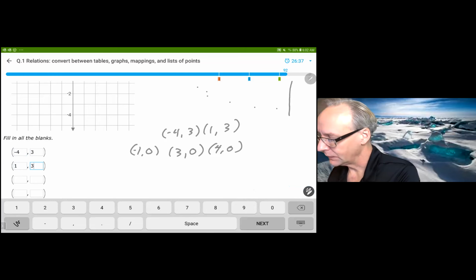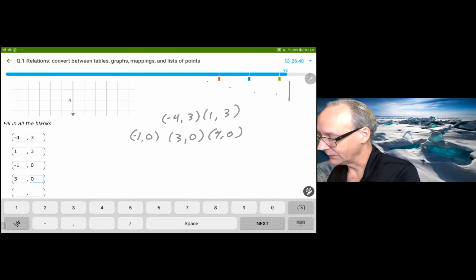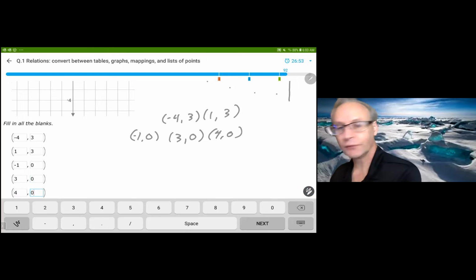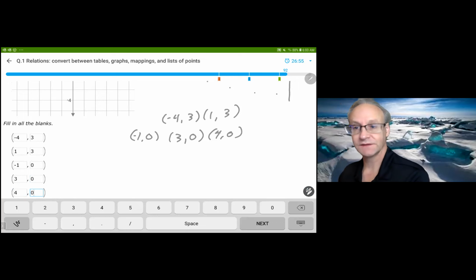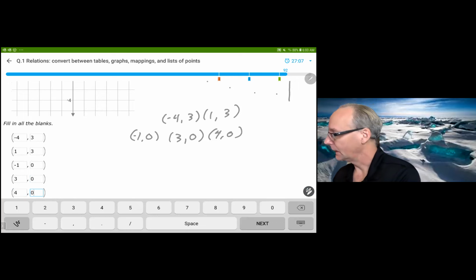And we have a negative 1, 0. And 3, 0. And I'm going to answer the question one more time. 4, 0. Even though all 3 of these x's are going to 0, it's okay. In fact, all of them going to 0 would be all right. That would still be a function. What would be a problem is if these were reversed. So you want to be able to predict what you're going to get.